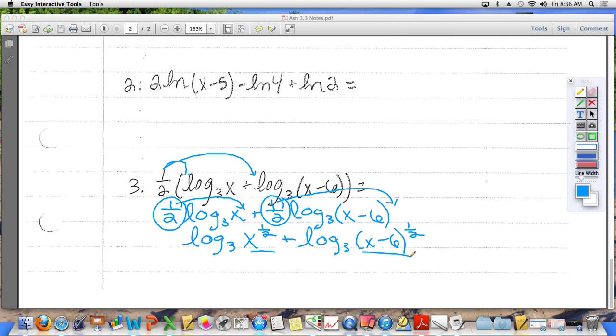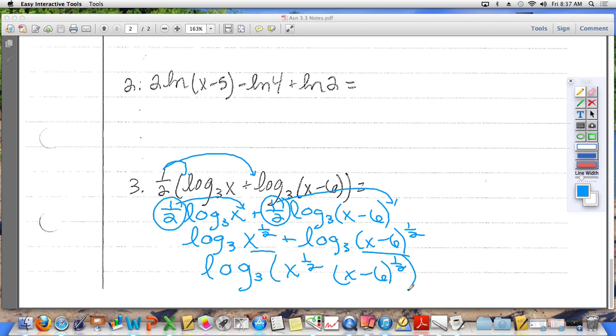It means you're multiplying, yes. So I'm going to rewrite this as a single logarithm, log base 3 of x to the 1/2 power times x minus 6 to the 1/2 power. Both of these things are being put to the 1/2 power. And after our recent conversation, what does 1/2 power mean? It means the square root.